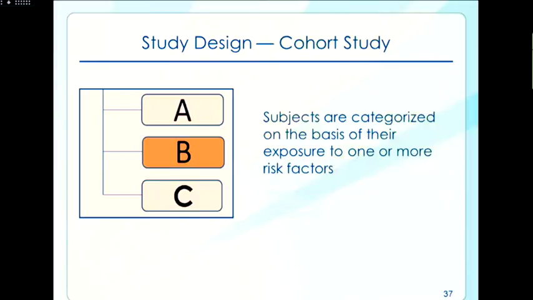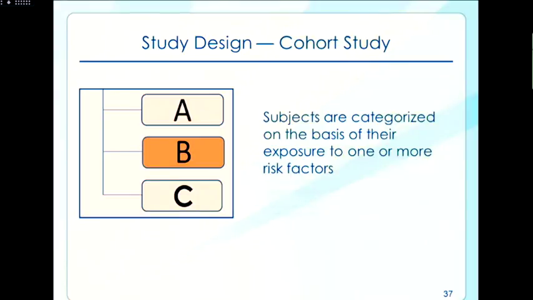Let's say you want to find out whether taking an optional healthy eating course at a high school has an impact on the healthy food choices that students make, and maybe even on their outcomes such as obesity or diabetes. A cohort study could follow a class, an entire year of students, and you'd separate those students into those who opted to take the healthy eating course and those that did not.